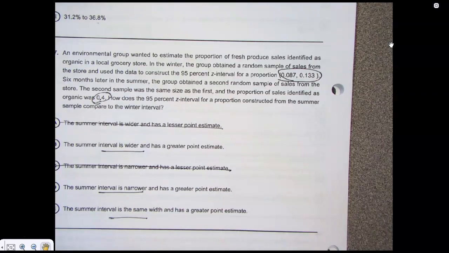If I put 0.4 here, forget the z star, forget the square root, forget the divide by n, because all that stuff's the same no matter what my point estimate was. If I put 0.4 here and multiply, I get 0.24, right? And then divide, square root, times z, whatever. If I put 0.11 here and multiply, I get 0.0979.